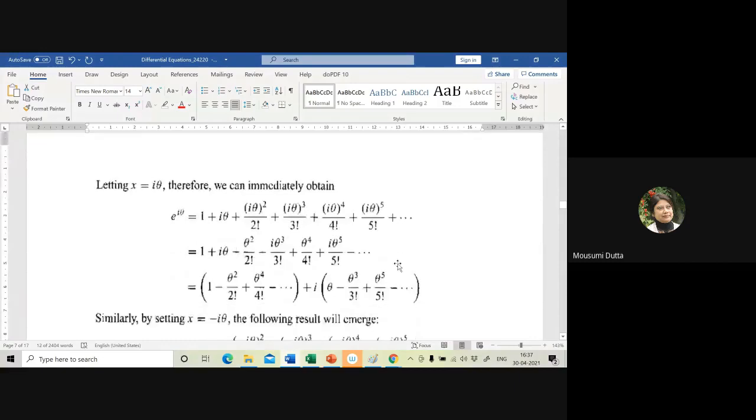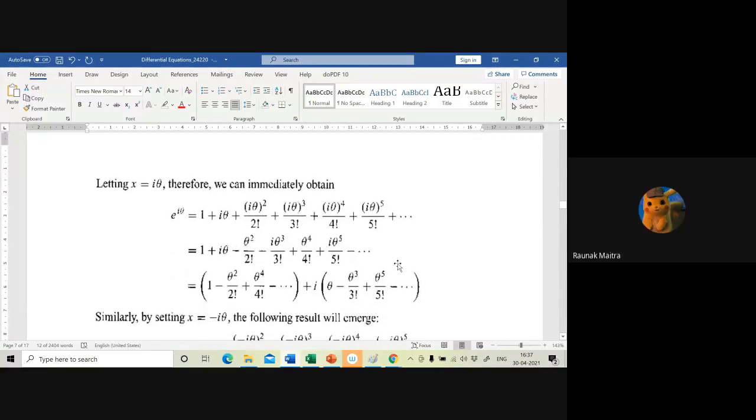Yes or no? Maybe you forgot, so please check it once again. In place of i squared, I am putting the relevant value; i cubed, i to the power 4, i to the power 5, relevant value, and so on.